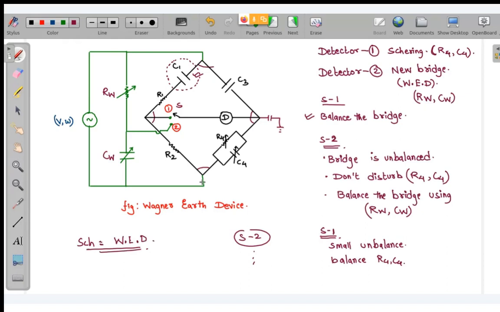The moment the Wagner Earth device and sharing bridge are simultaneously balanced, all the stray capacitance has been nullified from this bridge. Is it clear? Any doubt? Simultaneous means alternately we bring the bridges to balance position until both bridges are balanced. Is it clear? Any doubt? Tell me.